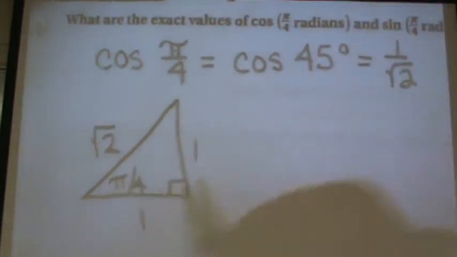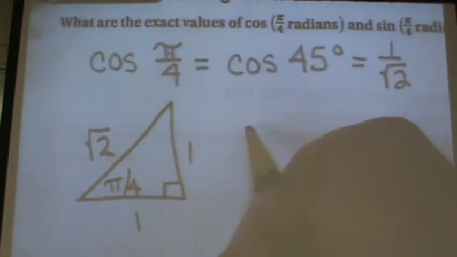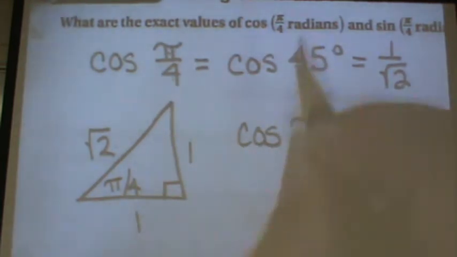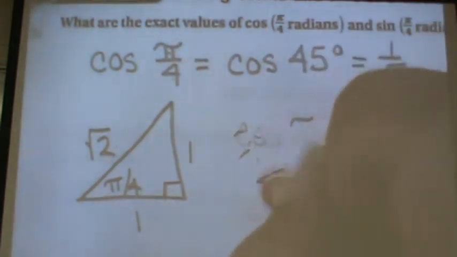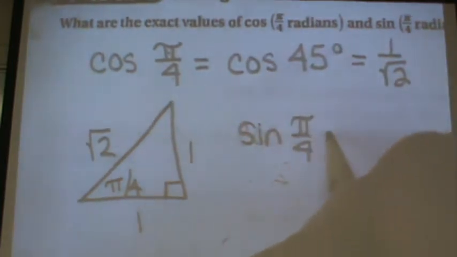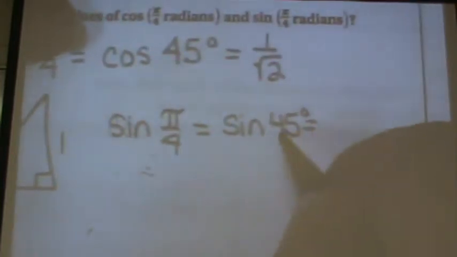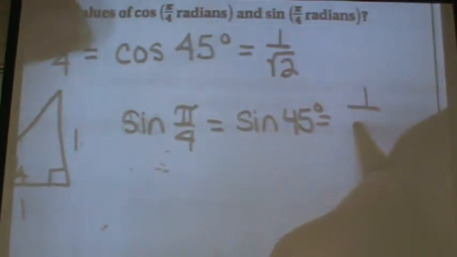What's the sine of pi over 4? 1 over root 2, opposite over hypotenuse. The sine of pi over 4 is the same as the sine of a 45-degree angle. These mean the same thing.